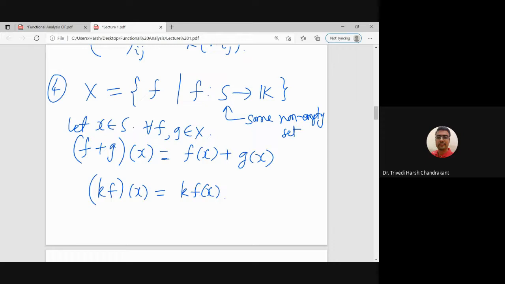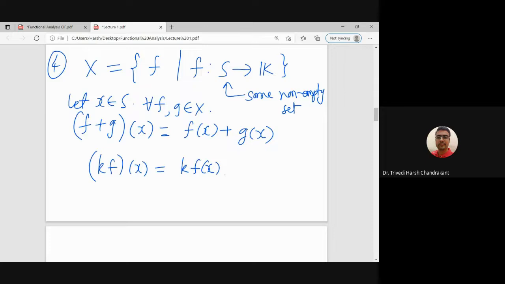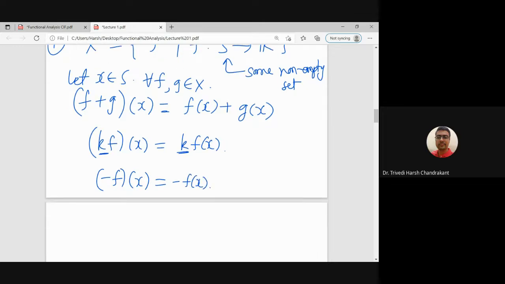This way we can define the addition and scalar multiplication. And what will be the negative element here? We just need to substitute k equal to -1, so we get minus f(x). That gives us f plus minus f, which is 0.